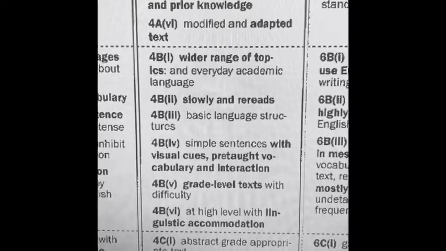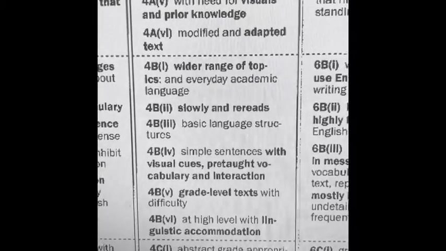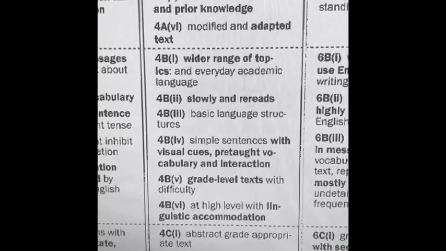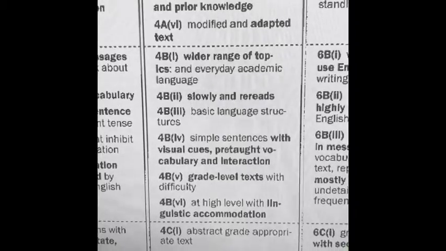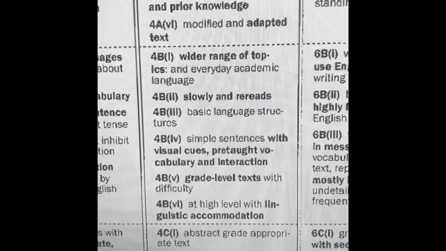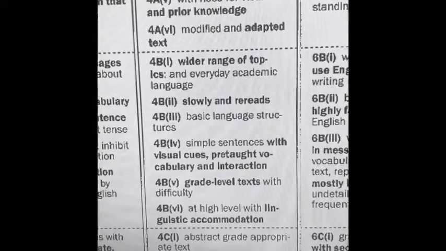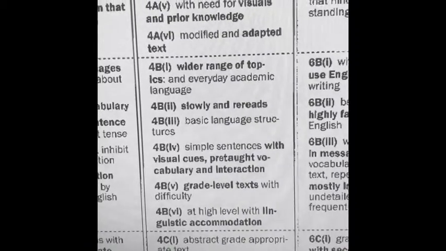Again, with a student who is an ELPS student at the intermediate level, as far as reading is concerned, you can provide a wider range of topics that use everyday academic language. Slowly and carefully read what they are reading. Use basic language structures, again simple sentences with visual cues.